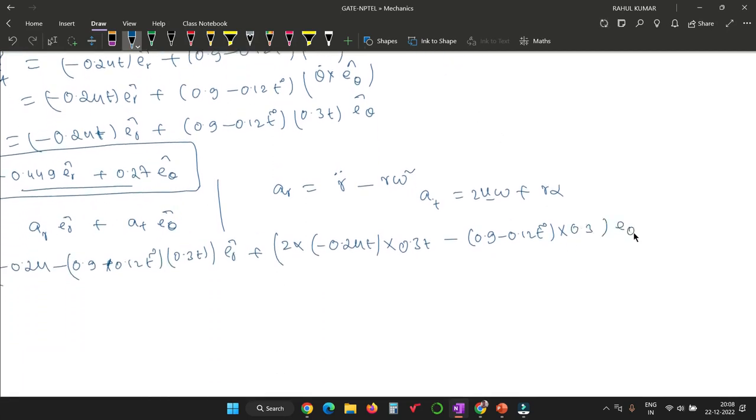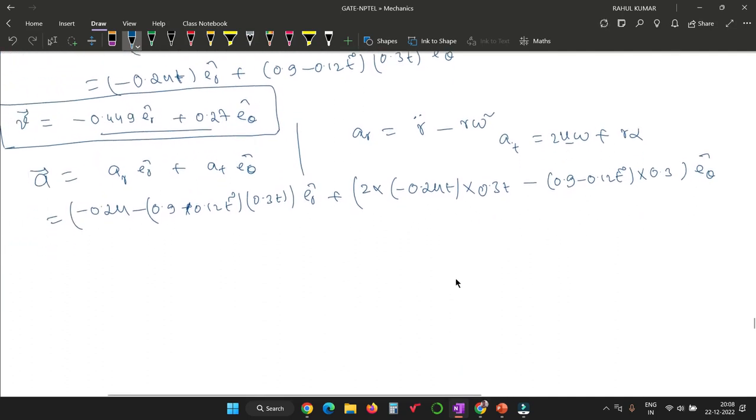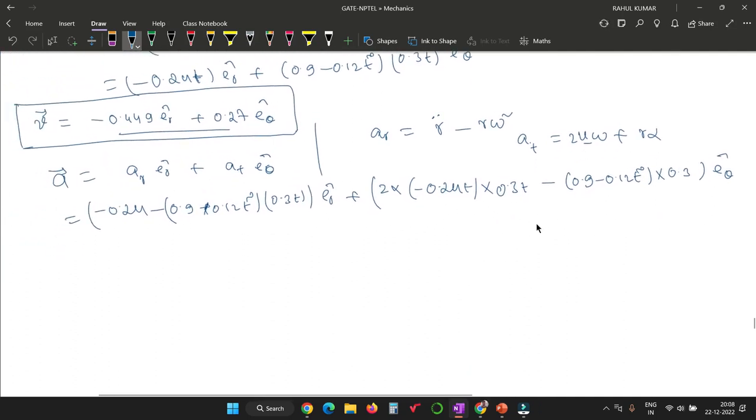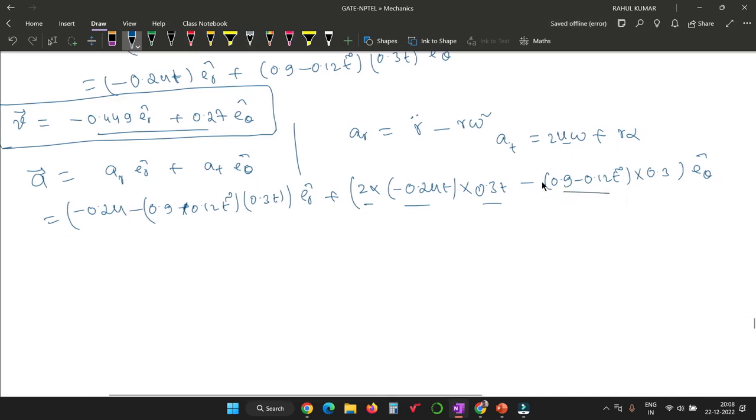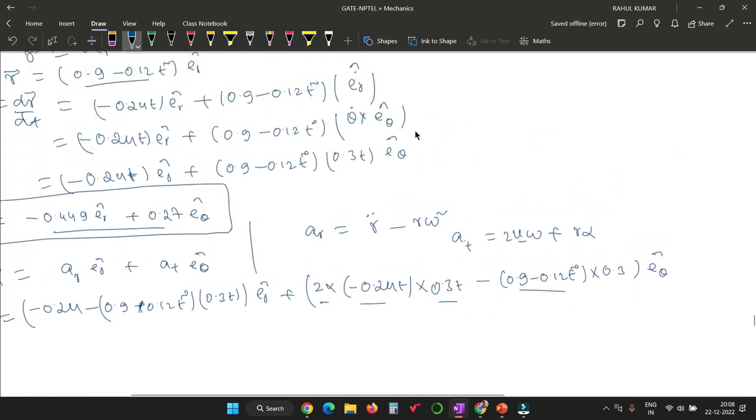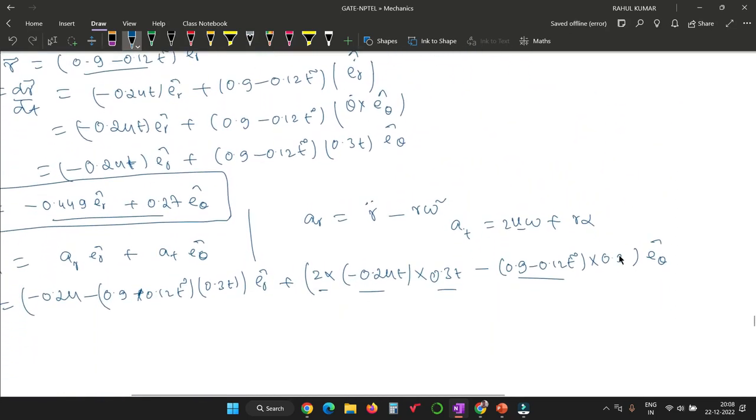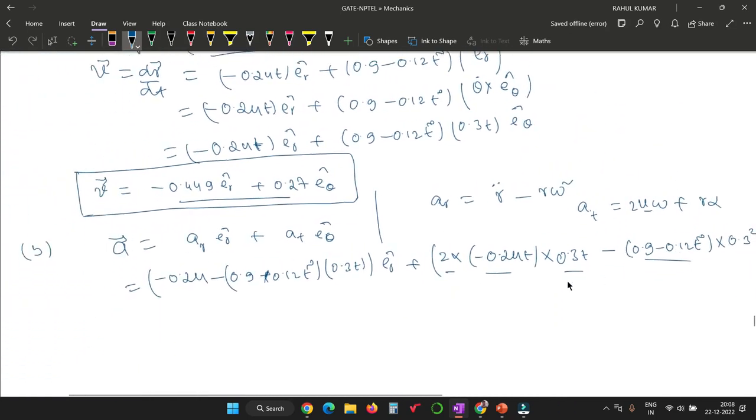Am I right or not? Am I doing anything wrong? Tell me. 2 v omega, and plus r alpha, and the radial part has minus r omega square, so 0.3 raised to the power 2.